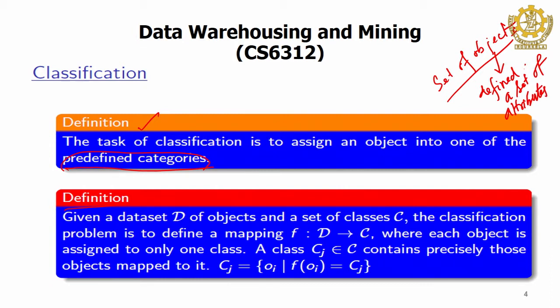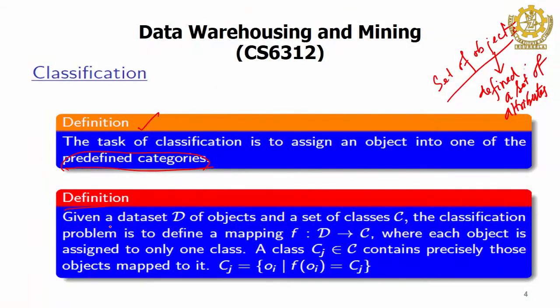So, an object is nothing but a set of attributes, which we have seen earlier and will see a little later today. So, given a set of data objects and a set of classes, that is the predefined categories, what is the task?